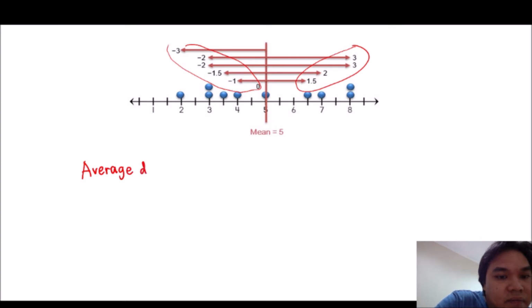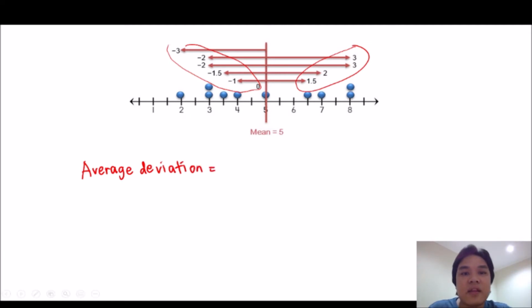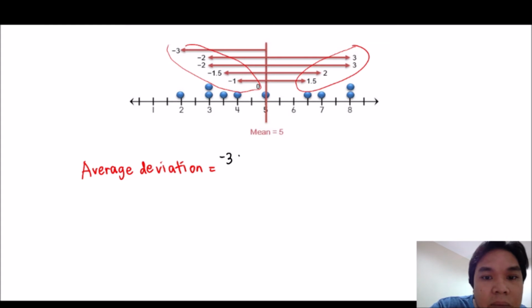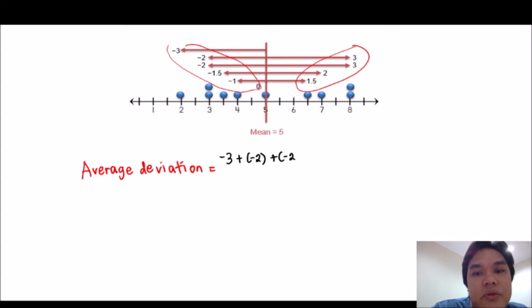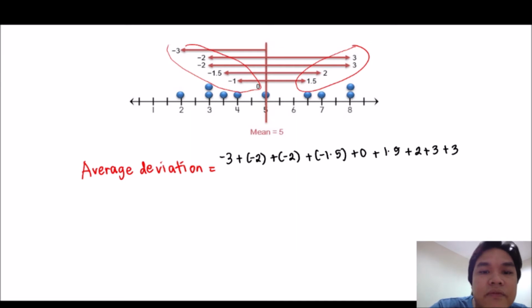So we add all the deviations and then divide by the total number of scores. Negative 3 plus negative 2 plus negative 2 plus negative 1.5 plus 0 plus 1.5 plus 2 plus 3 divided by 10.